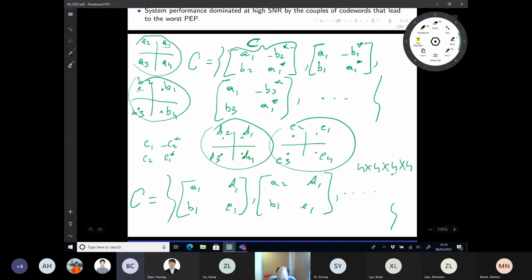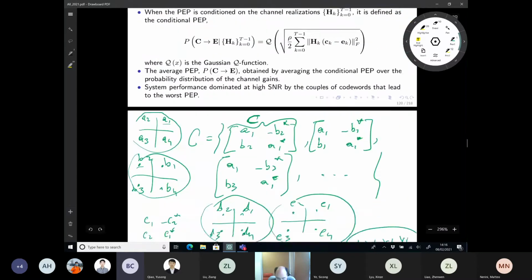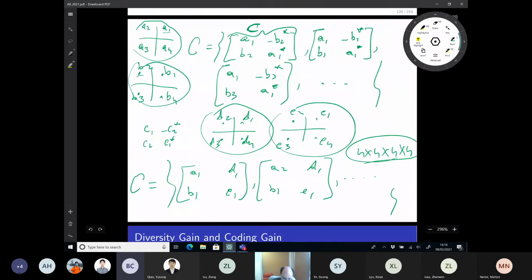I'm going to have to look at a code book of this dimension in order to find the best code word in that code book. So you see that those are 2 different code books. This one is based on Alamouti, and in this one I have a higher multiplexing rate because I map more symbols into 2 by 2 matrices. But here I have to do a much more intensive search because I have many more combinations, right?